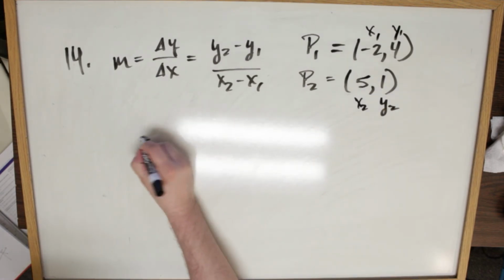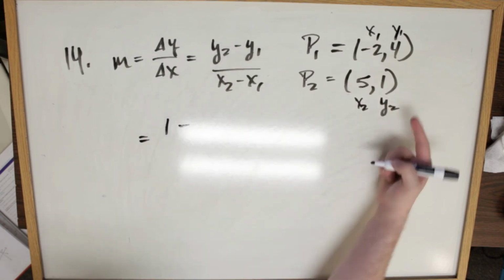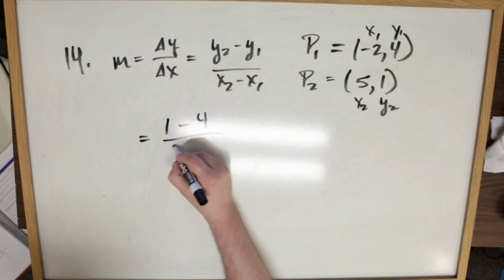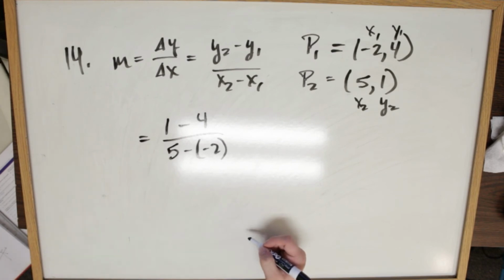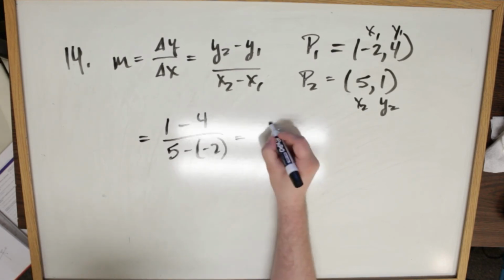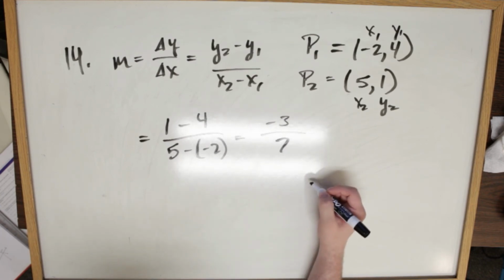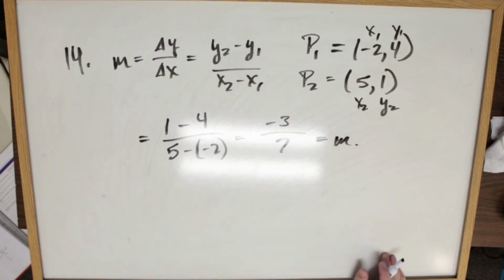And then we can go ahead and just substitute them in here. So y2 is 1 minus y1, which is 4, all over x2, 5. And we're subtracting a minus 2. Okay? So 1 minus 4 is a minus 3. 5 minus a minus 2 is 5 plus 2, which is 7. So this right here is equal to m. That's our slope, minus 3/7.